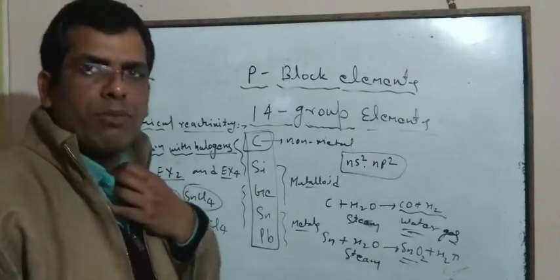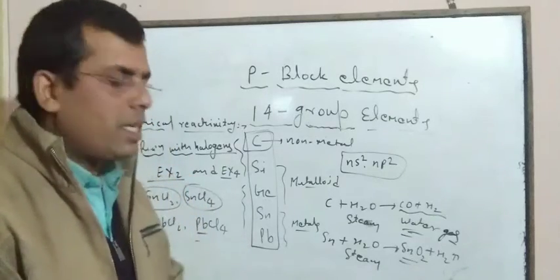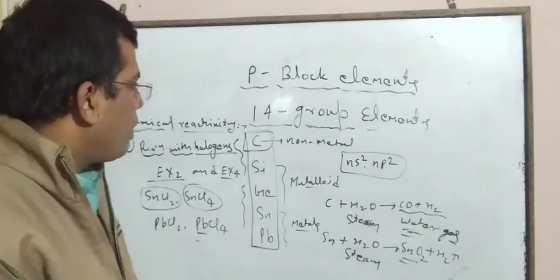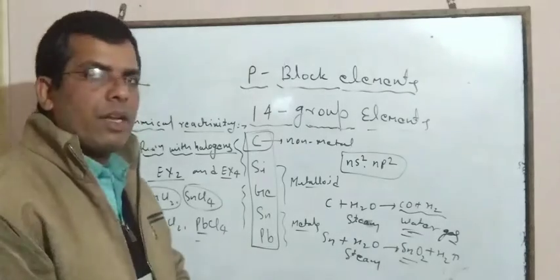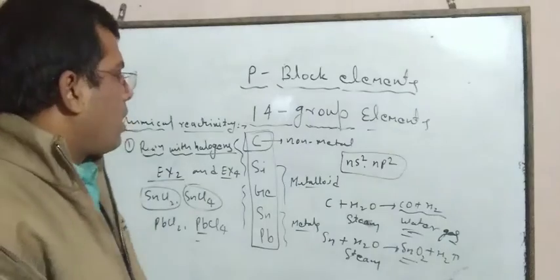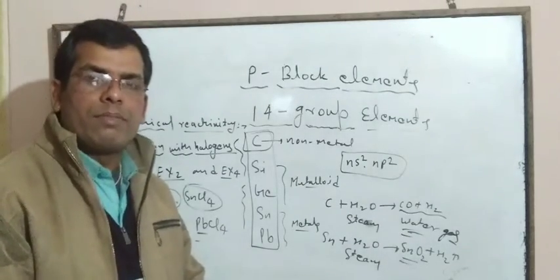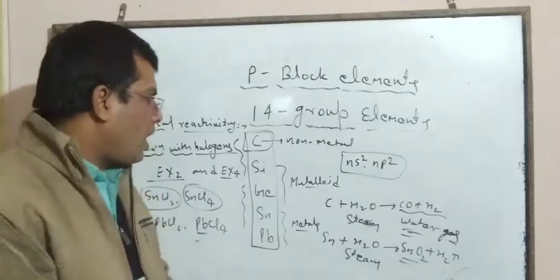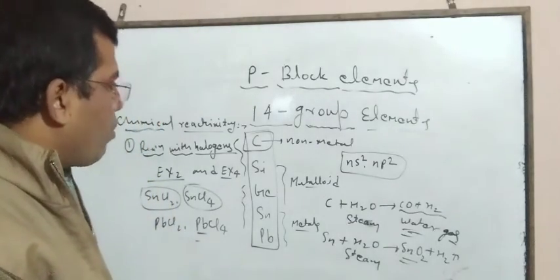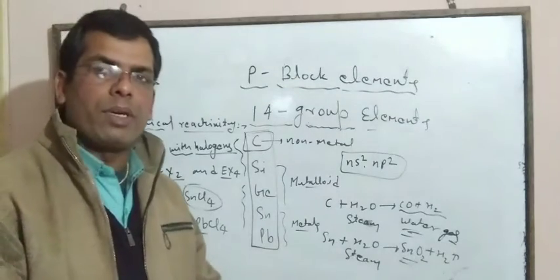Carbon has an extremely small size, and due to this it has a high value of electronegativity and a high value of ionization potential. Carbon has a non-availability of d orbital, an absence of d orbital.